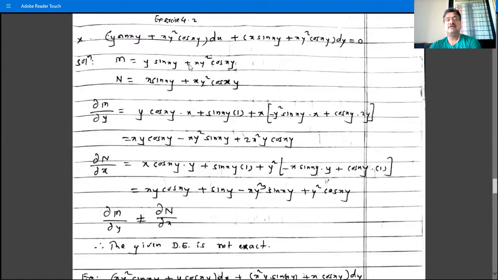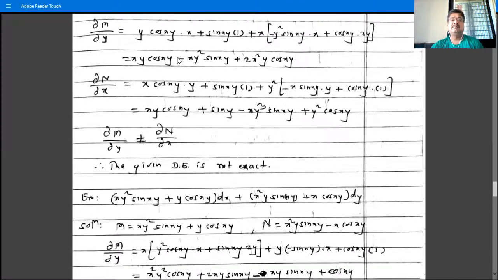Plus x is now a constant quantity, and y square into cos(xy), the derivative is by using the u into v rule, but in brackets. So y square, and the derivative of cos(xy) is minus sin(xy) into the derivative of xy with respect to y, which is x, plus v, cos(xy), the derivative of y square is 2y. So after simplification, we have this answer, ∂M/∂y.